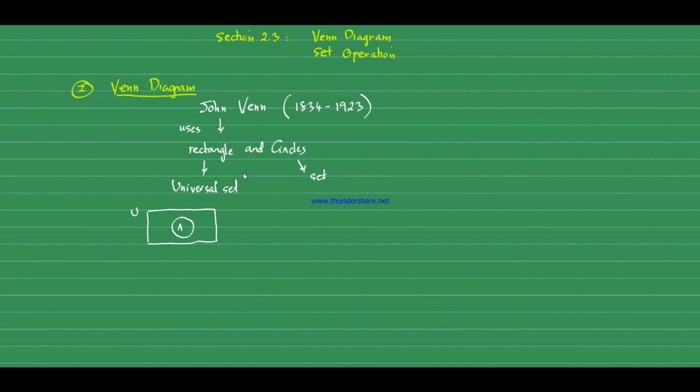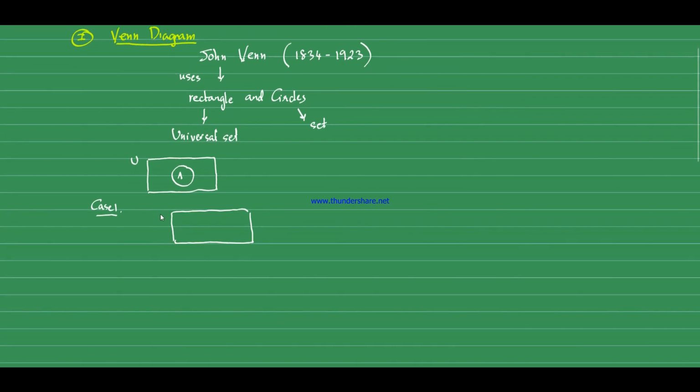The first case is when we have a universal set, and inside the universal set I draw two sets, represented by circles.